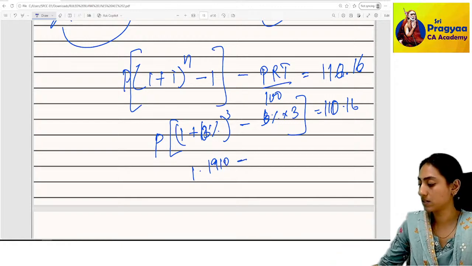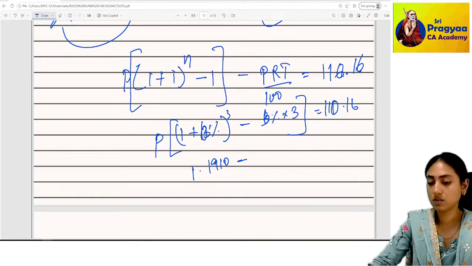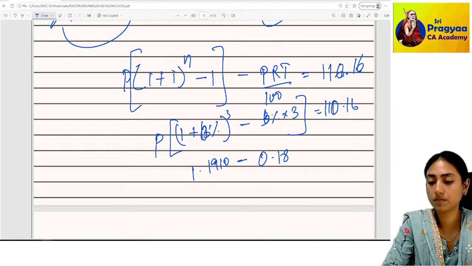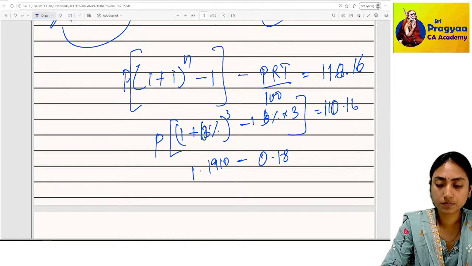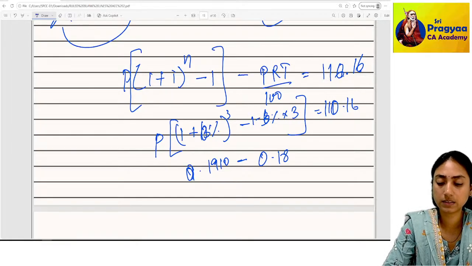Minus 6% into 0.1 minus 1 there will be one. Correct.